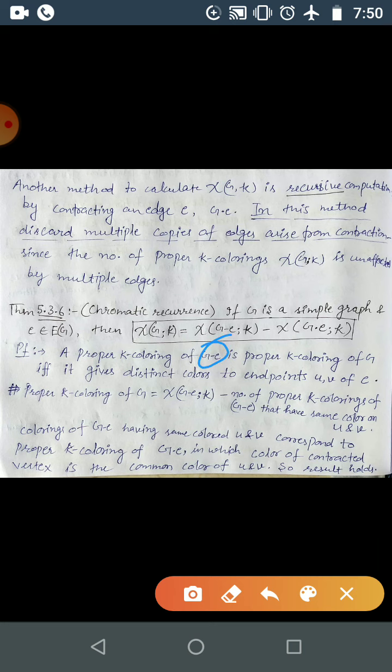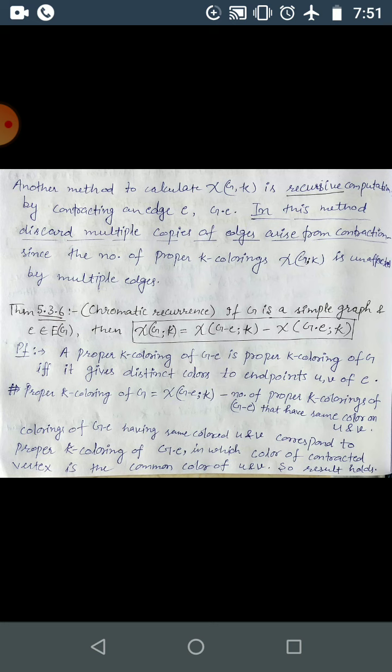Only then will it be a proper coloring for G. So the number of proper colorings of G when k colors are given will be the chromatic polynomial of G minus E, minus the number of proper k-colorings of G minus E that have the same color on the endpoints U and V of E, and this becomes the chromatic polynomial of G contracted E when k colors are given.